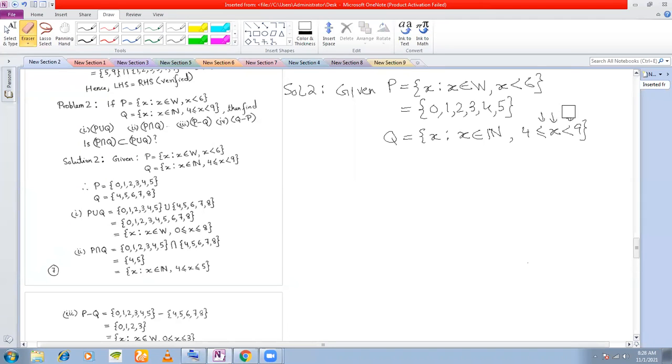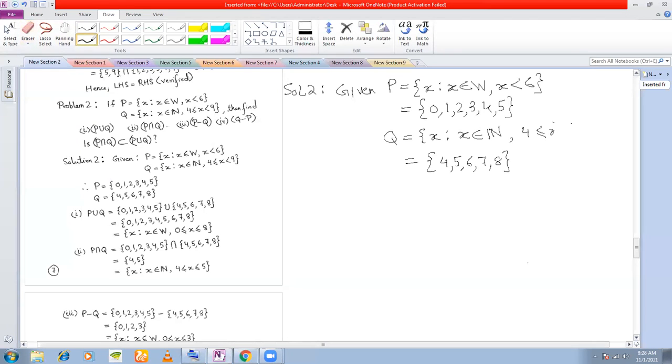Yes, sir. That means x is a natural number that lies between 4 and 9. And because you have an equality here, x can be equal to 4. So we start with 4: 4, 5, 6, 7, 8. And it will not be equal to 9 because you don't have an equality there, right?